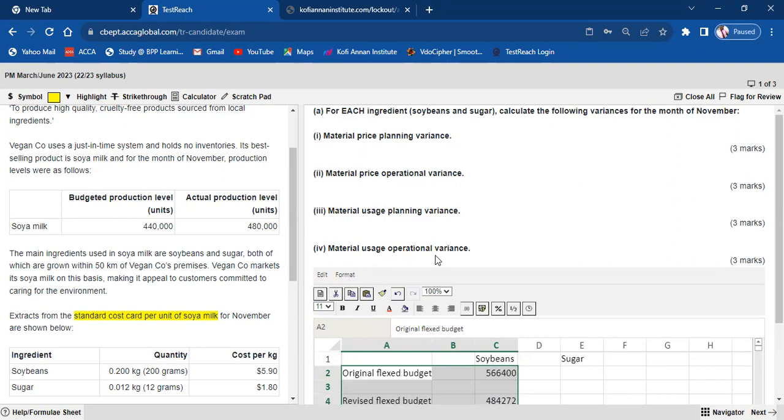If I calculate for each one of them, I'm getting 1.5, 1.5, 1.5, 1.5. Then if I do the same thing for sugar, I'll get equally 1.5, 4 times.